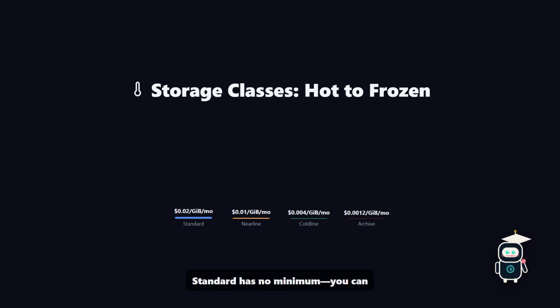Standard has no minimum. You can delete after an hour. Nearline requires 30 days, Coldline 90, Archive 365. If you delete an archive object after 10 days, you still pay for 365. All storage classes share the same high durability.